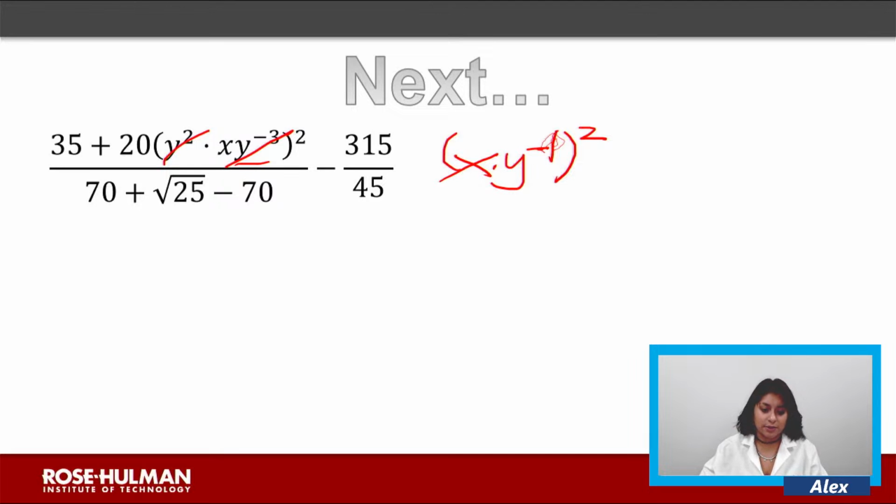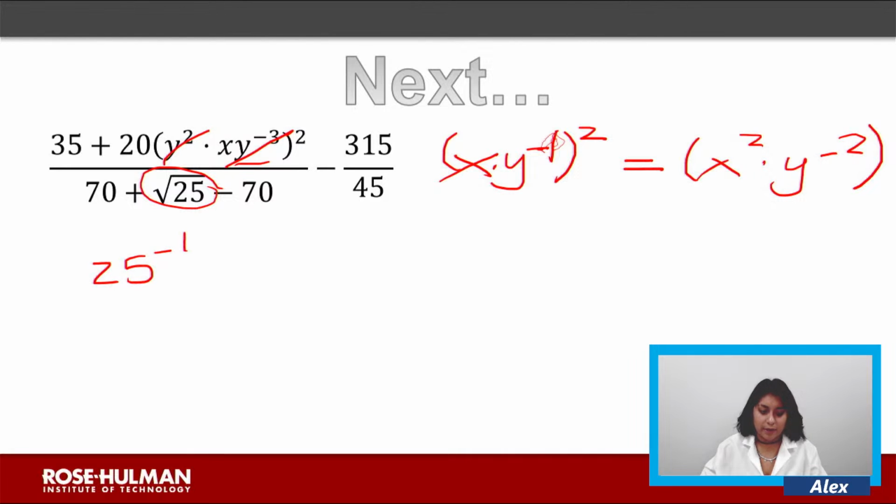Because all of that gets squared, this then turns into x squared times y to the negative 2 if we distribute that exponent. This one's a little bit trickier to spot, but this 25 is also an exponent because root 25 is the same as 25 to the power of one half, and that's equal to 5. So then here, this becomes 5, and this becomes x squared times y to the negative 2.